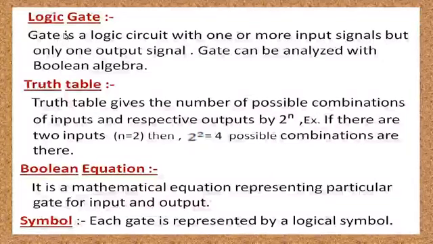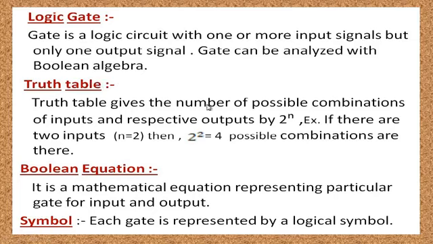Let us discuss some basic terms related to logic gates. The first one is the logic gate. A gate is a logic circuit with one or more input signals but only one output signal. A gate can be analyzed with Boolean algebra. The second term related to logic gates is the truth table. This is the most important term.